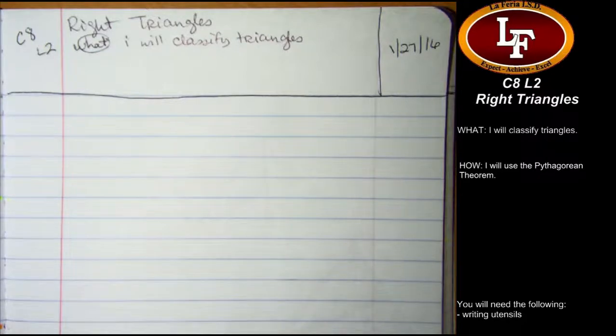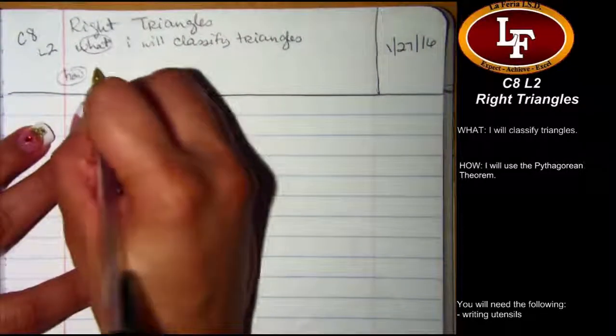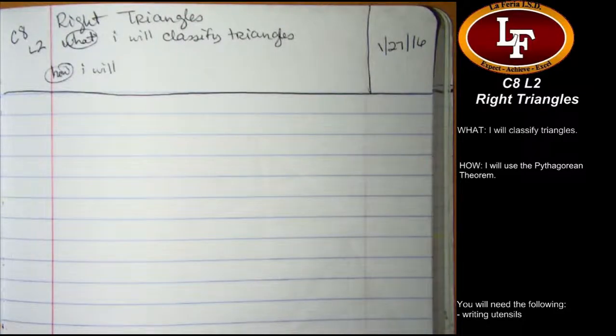Some are side classifications, like equilateral, isosceles, scalene. Some of them are angle classifications, like right, acute, obtuse. We will be classifying by angles, but I'm not going to give you any information about the angle measures.